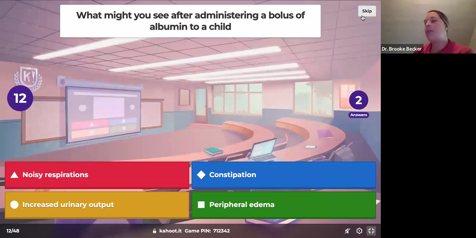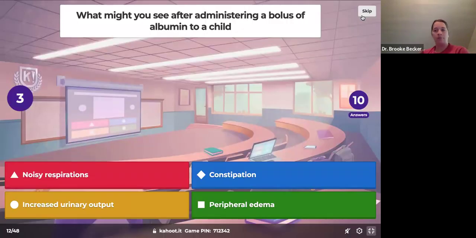What might you see after administering a bolus of albumin to a child? Red, noisy respirations. Blue, constipation. Yellow, increased urinary output. Or green, peripheral edema. Yes, good.